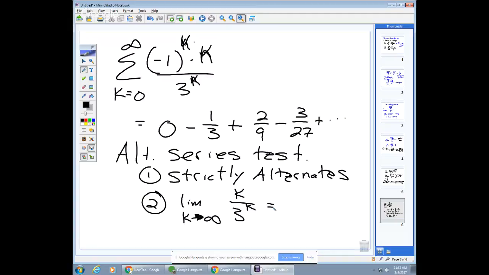If you're not sure about that, you could always apply L'Hopital's rule, because at the moment this is infinity over infinity. According to L'Hopital, the derivative of the numerator is 1. What's the derivative of the denominator? Anybody remember? Derivative of something other than e to a power?